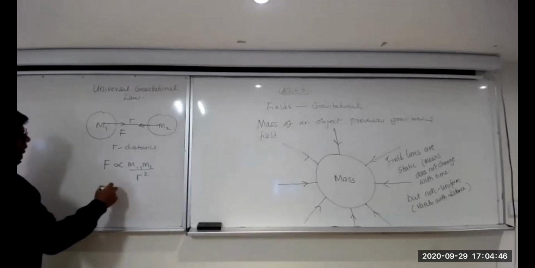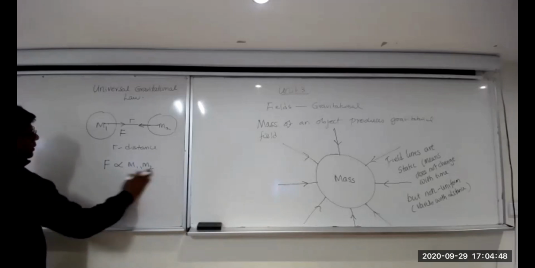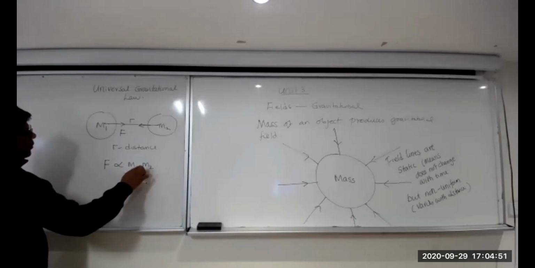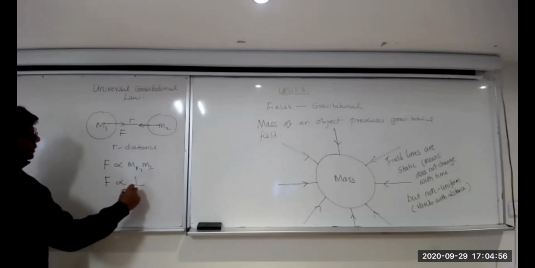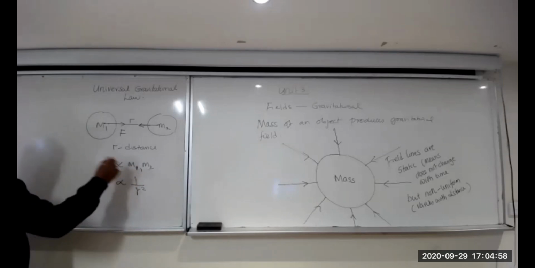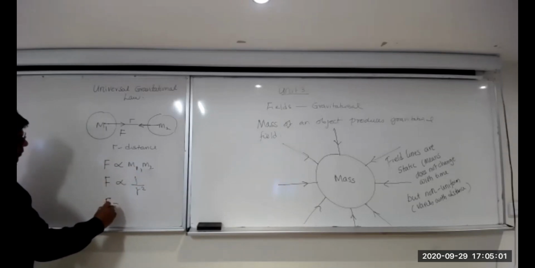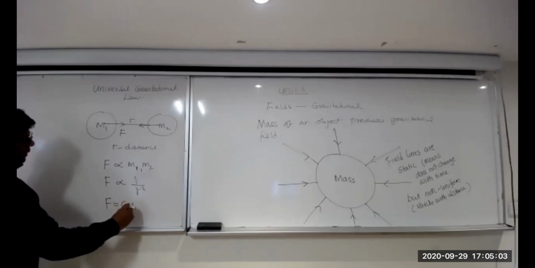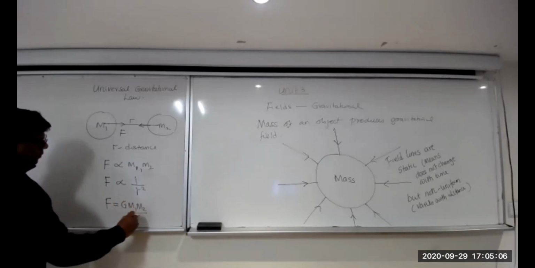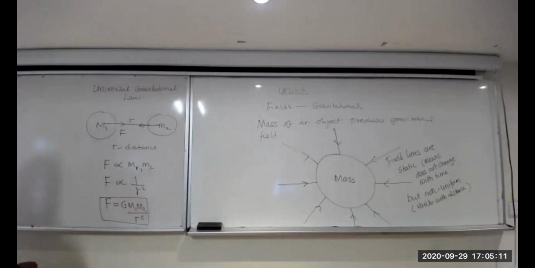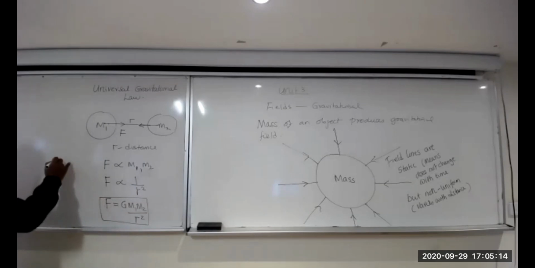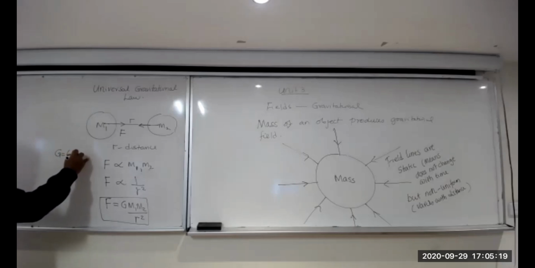So that's quite important. The force is proportional to M1 and M2, but inversely proportional to the distance squared. So when you combine these two together, you get this relationship. I think you guys are quite familiar with subbing the numbers into this equation and getting the answer. So 6.67 times 10 to the power negative 11, that's the constant.